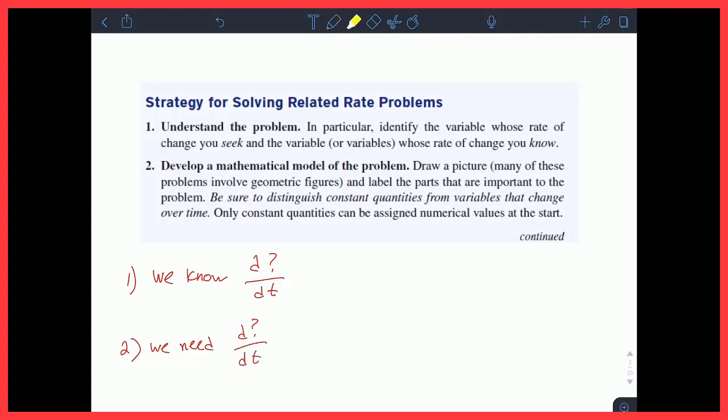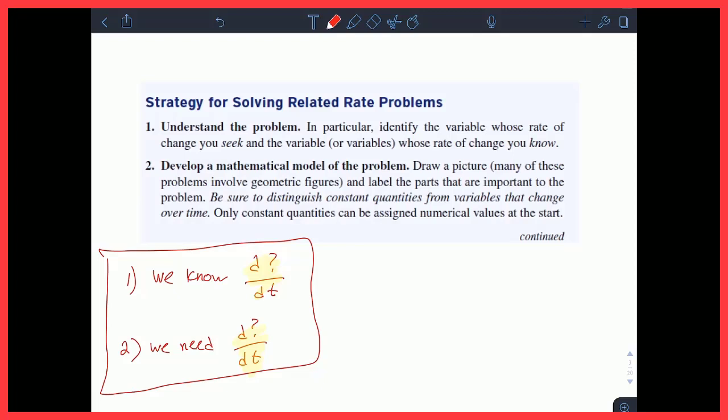These rates are both found by simply reading the problem. Every time I do a related rate problem, I always start by writing this down. This helps me focus, it helps me understand the problem, and it helps me pick the equation that's going to relate the two rates. So I'll start every problem with that: we know and we need.